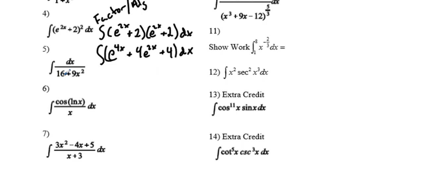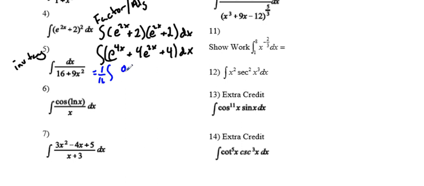The next part right here, this one hopefully you're going to use factor out in this case because you want to get this to be 16. This is where you have an inverse trig, or inverse tangent actually. All right. Factor out 1/16. When you factor this one out, you're going to have 1/16 out here.